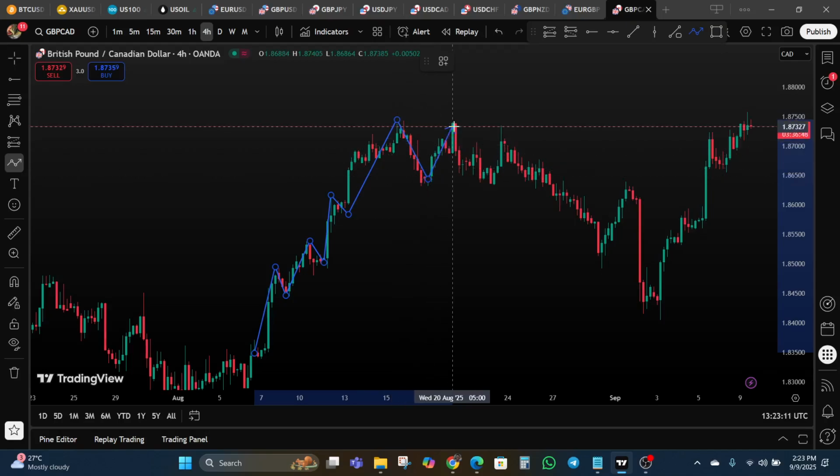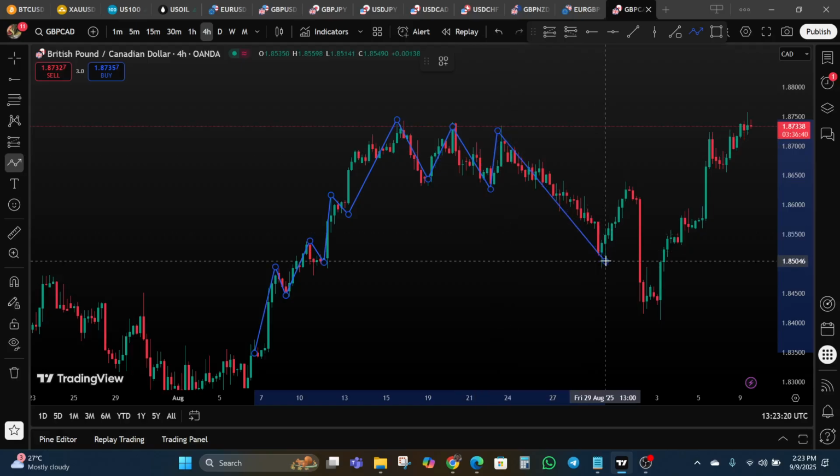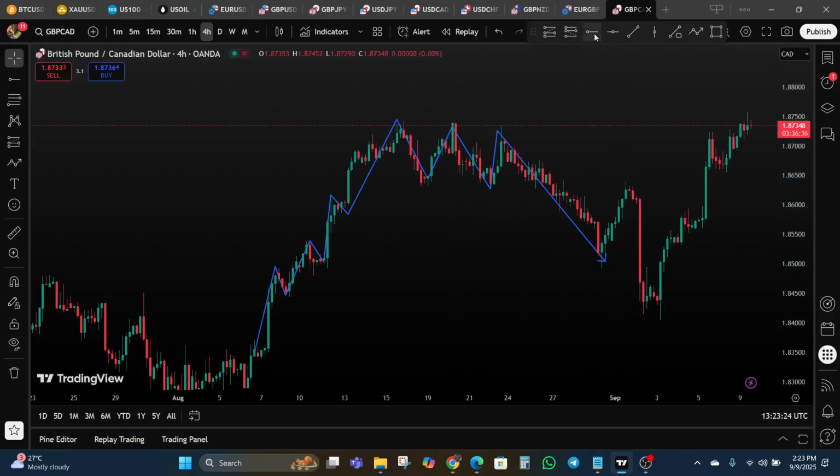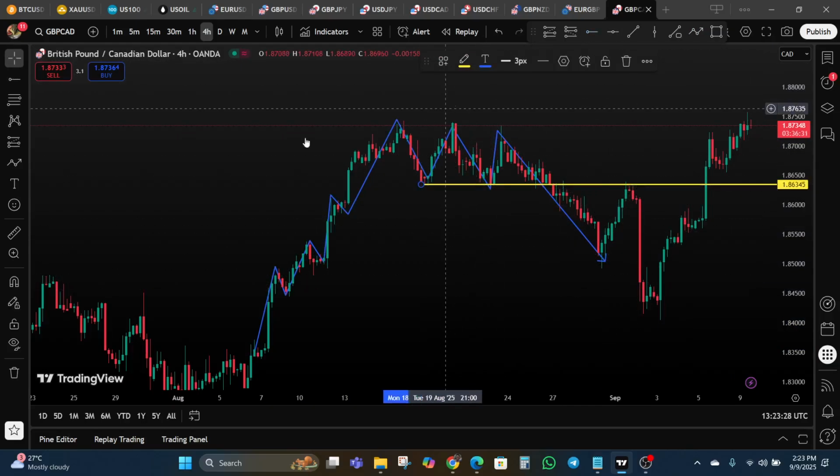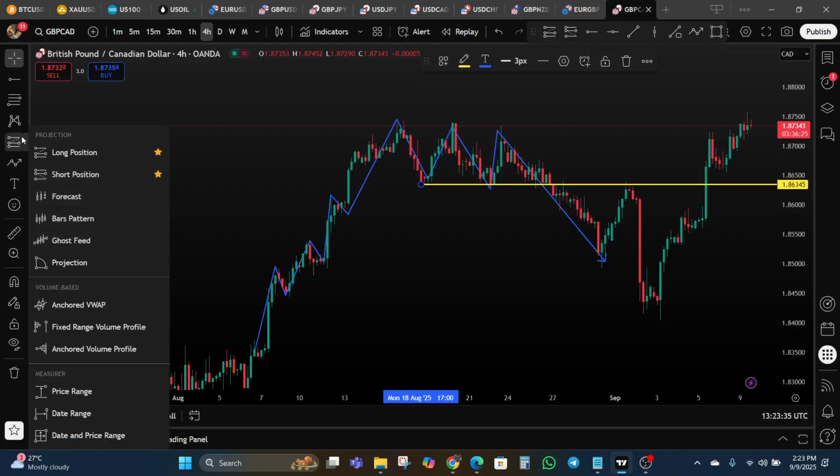Now, if price should break a key swing low, it may indicate a shift toward a downtrend. In this case, we actually had a double bottom, or rather an equal low.